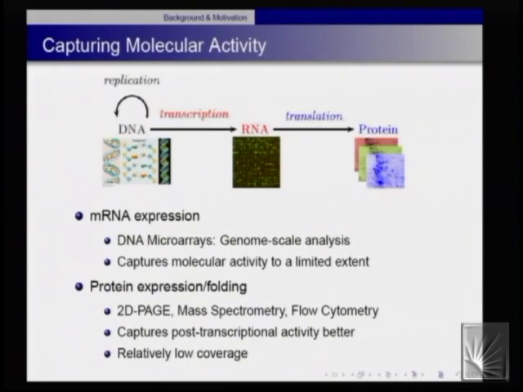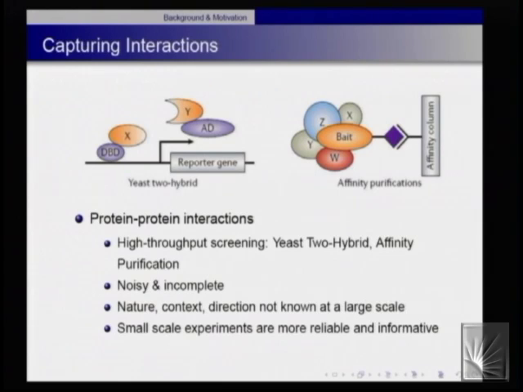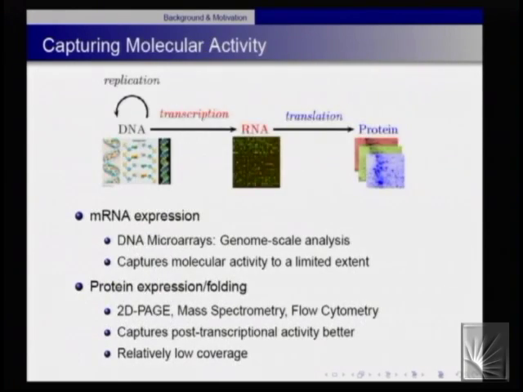So the question is, how can we use that data to infer more detail, to come up with more detailed models? And second, besides interactions, in terms of measuring the voltages on the cables in the plane, what we can do is, so this is the central dogma.